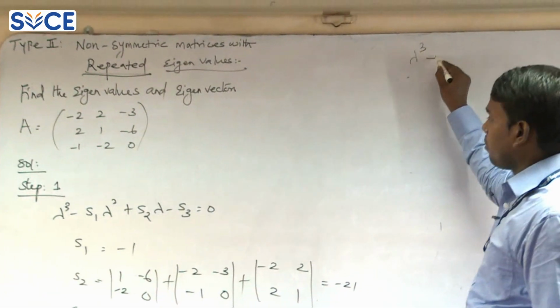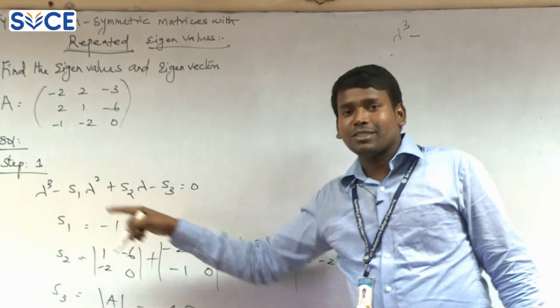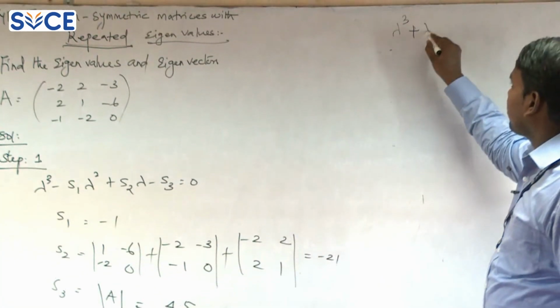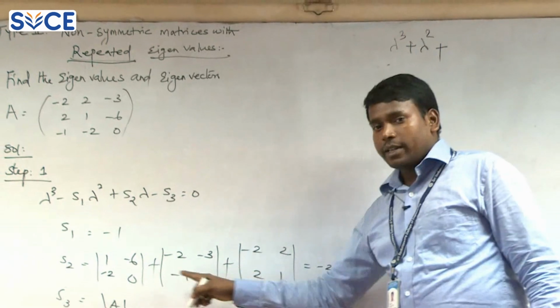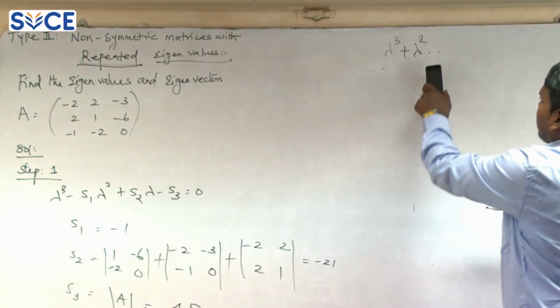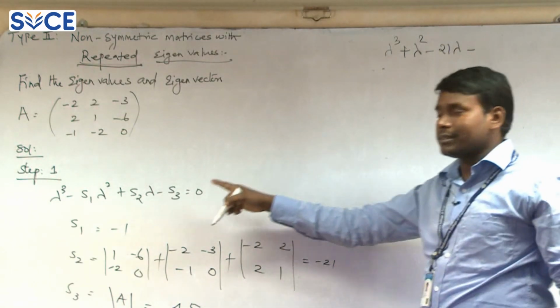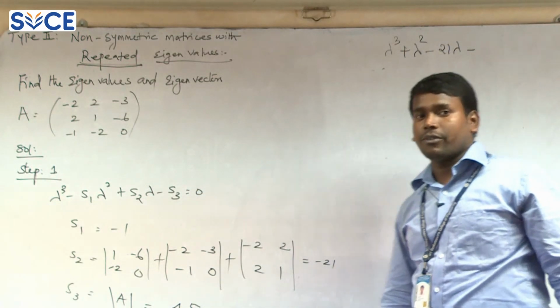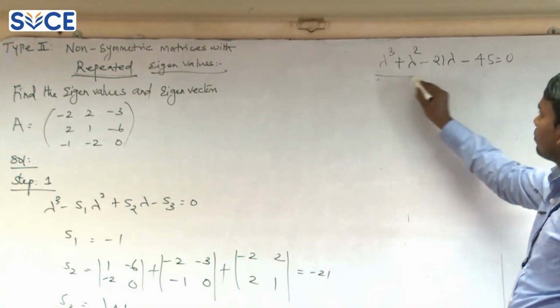Lambda cube minus S1, S1 is minus 1, minus into minus is plus, so plus lambda square, plus S2, S2 is minus 21, plus into minus is minus, so minus 21 lambda, minus S3, S3 is 45, so minus 45 equal to 0.